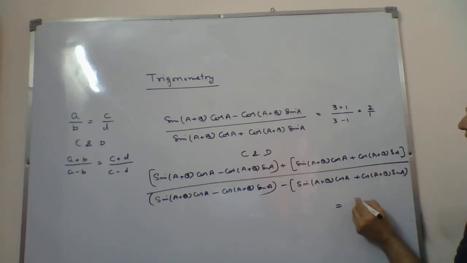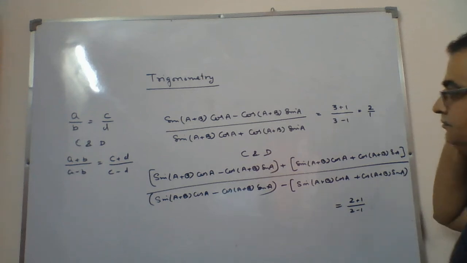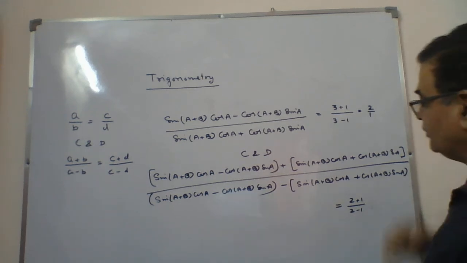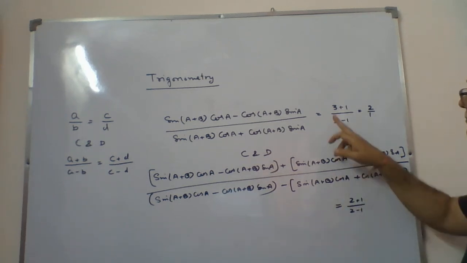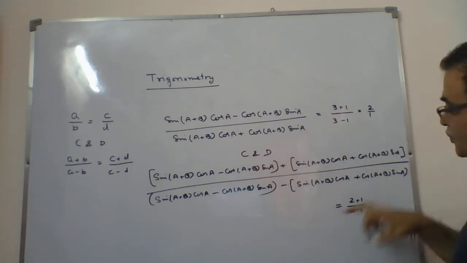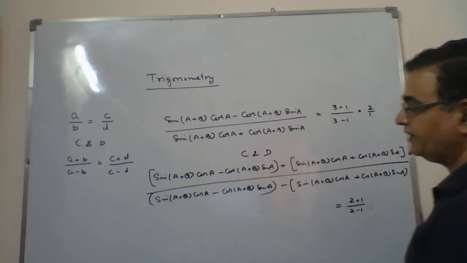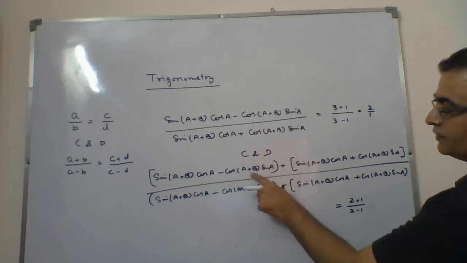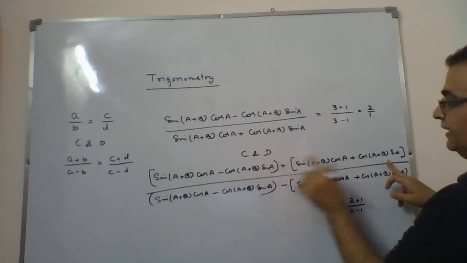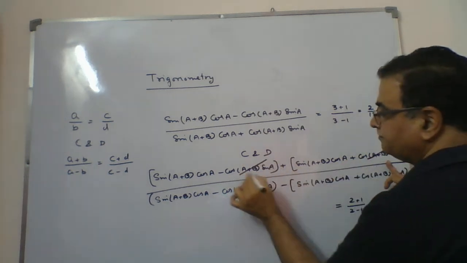And what is the other side? This is 2 by 1, so 2 plus 1 by 2 minus 1. Now when you solve it, this is coming 4 by 2, so it is coming this way. Now which terms get cancelled out? Just check here. Cos of a plus b and sin a get cancelled out.